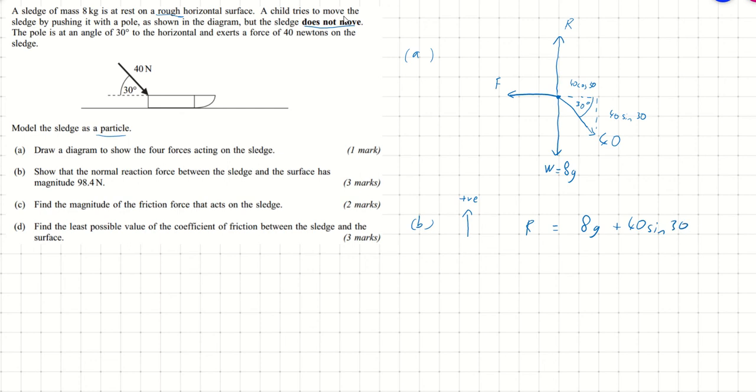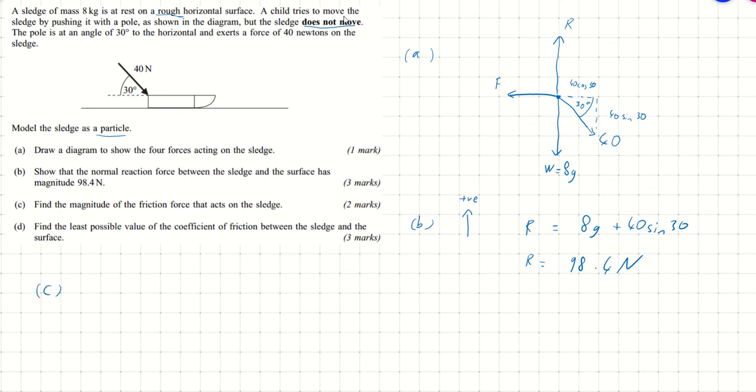So now we've worked out what R is, so we just have to put this in. If we're using g as 9.8, we do 8 times 9.8 plus 40 sine 30, and we get 98.4, which is exactly what the question said. Good. That's part B.